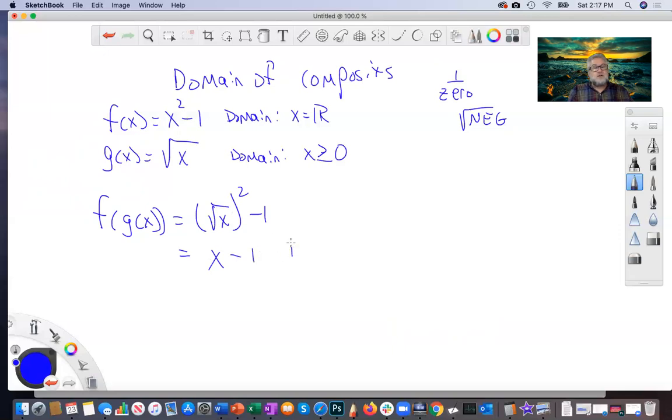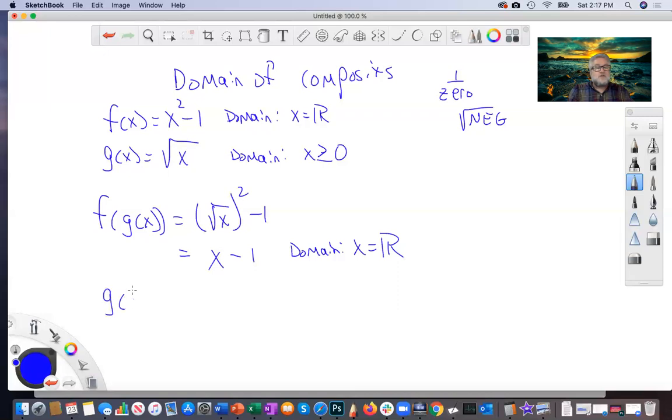What's the domain here? Well, it's just going to be all real numbers, because I can't divide by 0 and there's no square root sign. So the domain for the composite f of g of x is going to be all real numbers.